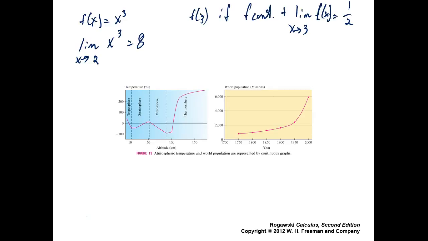If these two things are true, f is continuous, and the limit of f of x as x approaches 3 is 1/2.